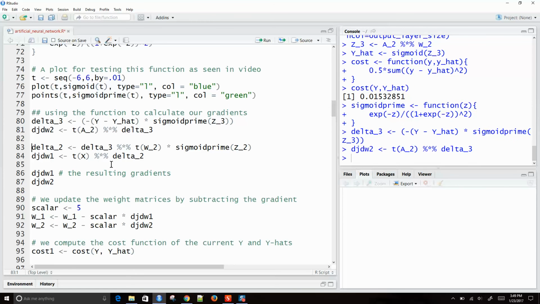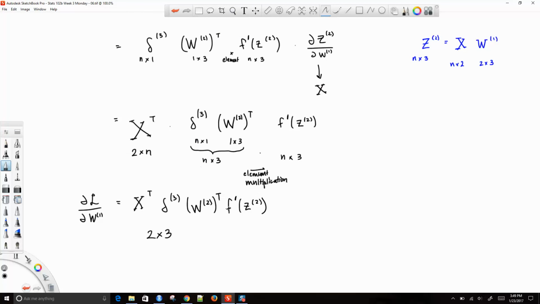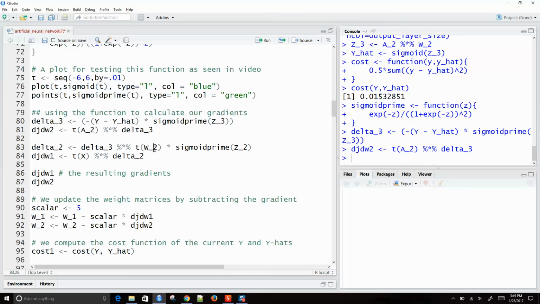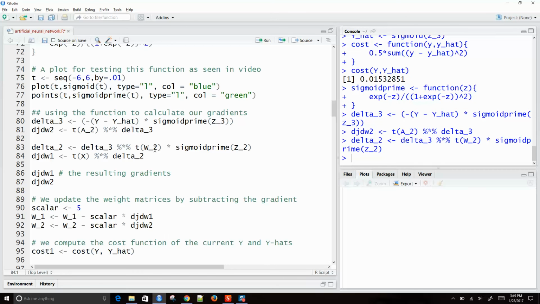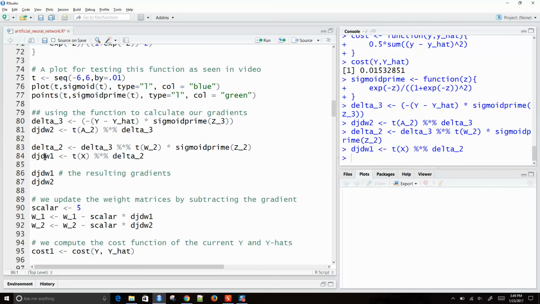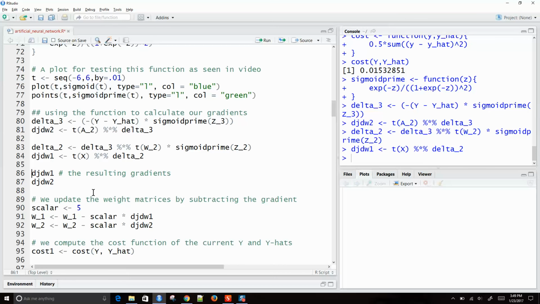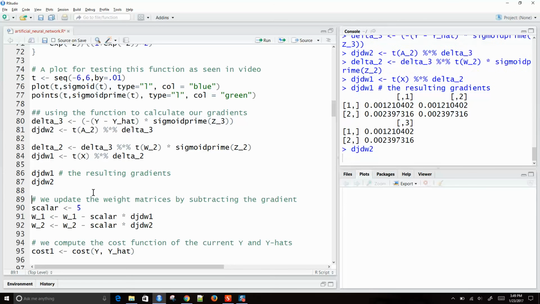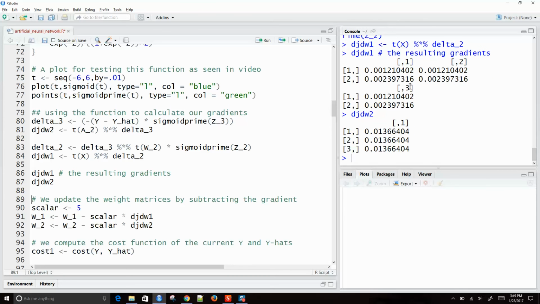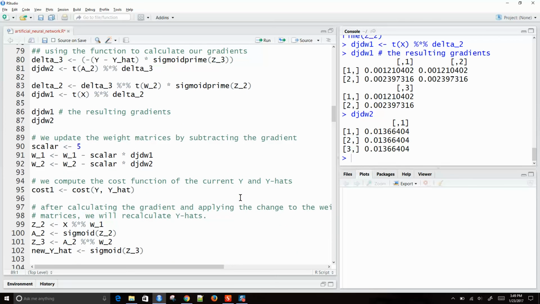And then we go further on and we say delta 3 times the transpose of W2 times f prime of z, which is what we have here, and we do the matrix multiplication by the transpose of X, and this is going to be exactly what we have here, the loss function with respect to W1. Okay, so here I've coded up the respective gradients for our W1 and W2 matrices.